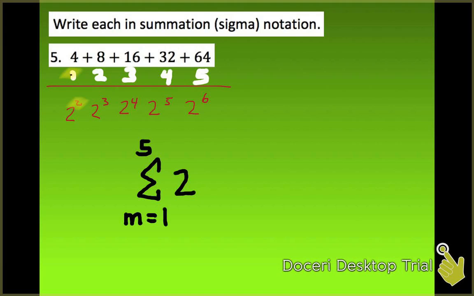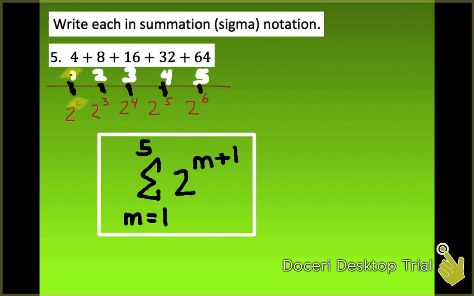But you'll notice that 1 and 2 are 1 apart, 2 and 3, 3 and 4, 4 and 5, 5 and 6. So this is actually going to be 2 to the m plus 1. So the first term is going to be 2 squared, the second term is going to be 2 to the third, third term would be 2 to the fourth, and so on and so forth. So that one is a bit tricky. You need to be able to list out what you have going on right here and figure out how it relates to some sequence of numbers down here.